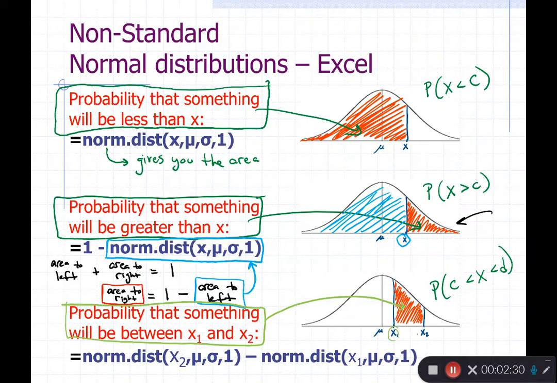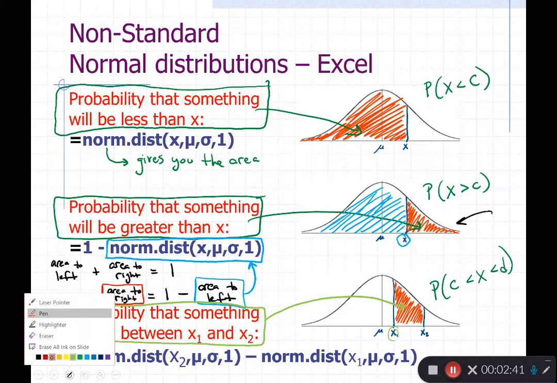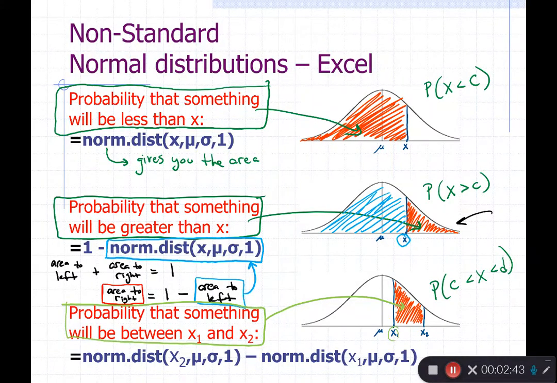Excel could only give you all of the area to the left of a number. So what we could do is start with too much. We could say, let me have all the area to the left of x2. So I'll extend the red this way. So all the red is to the left of x2. That's too much area.